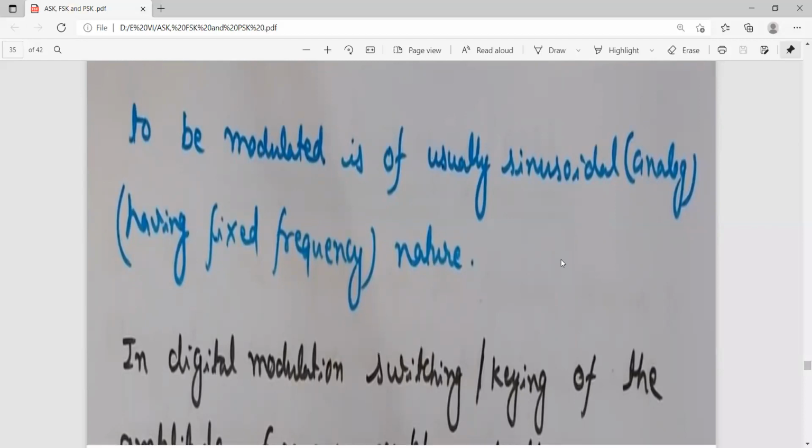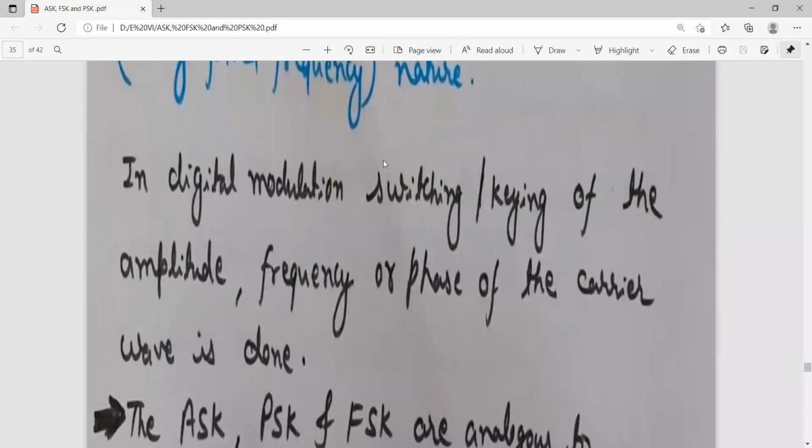Now digital modulation has three different types of techniques. In digital modulation, switching or keying of the amplitude, frequency or phase of the carrier wave is used.